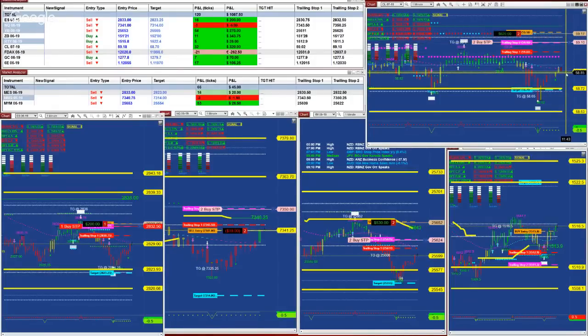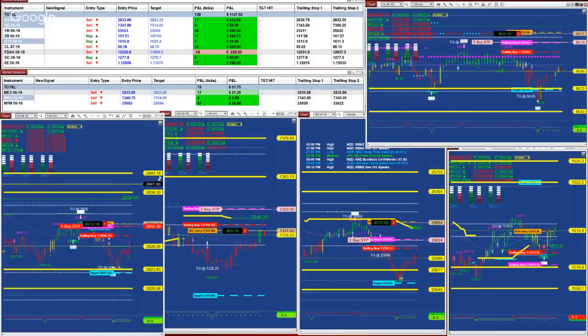I don't see any new signal, my friend. It's the same entry. The ES is going back and forth to the same entry and it's trying to hit the target. You see? Look at the ES.